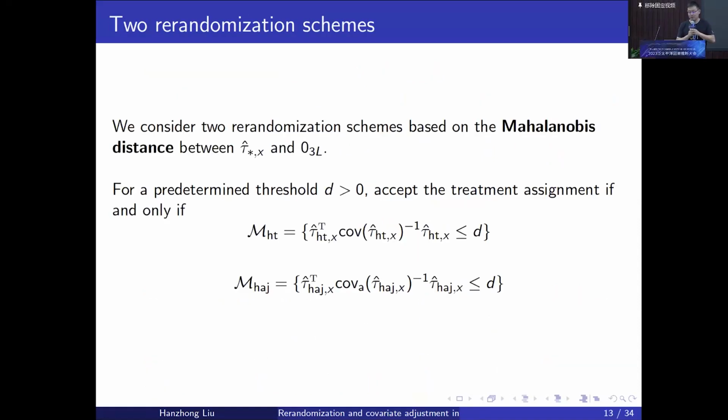So we can use the Mahalanobis distance between tau hat star X and 0 to measure the covariate imbalance and to perform the re-randomization. For a predetermined threshold D, the re-randomization accepts the treatment assignment if and only if the Mahalanobis distance between tau hat star X and 0 is smaller than or equal to D.